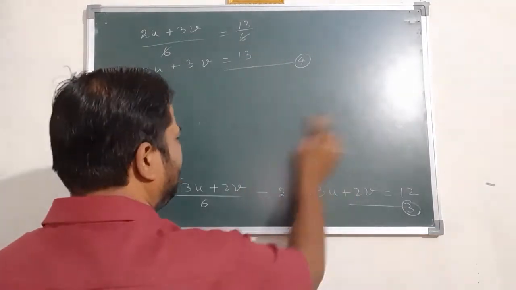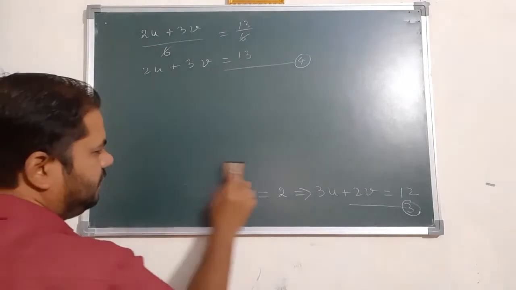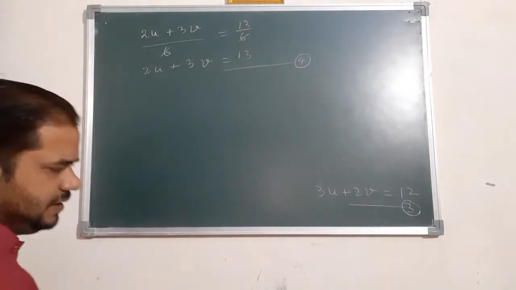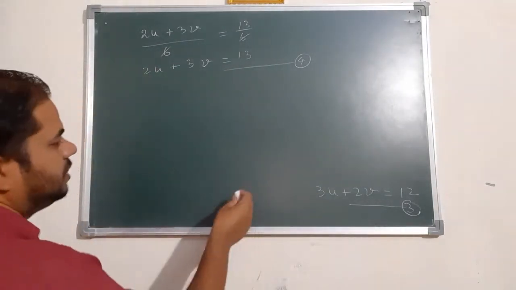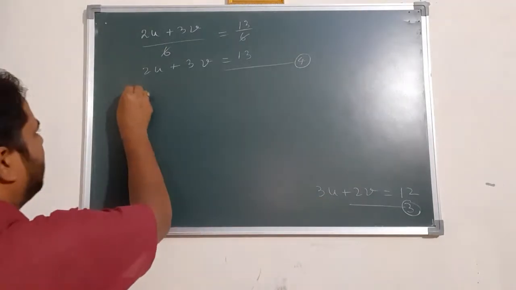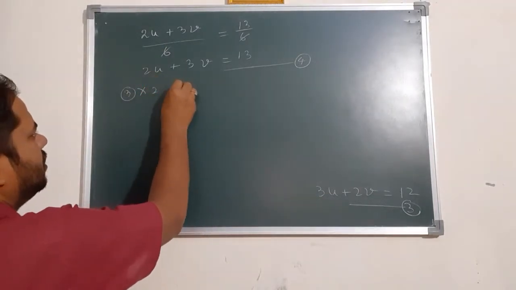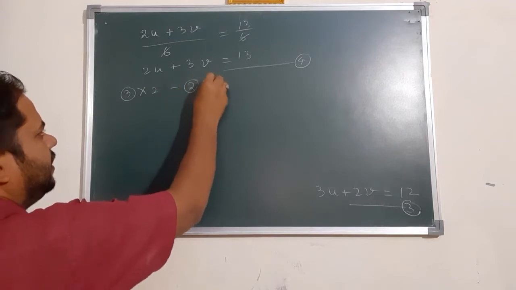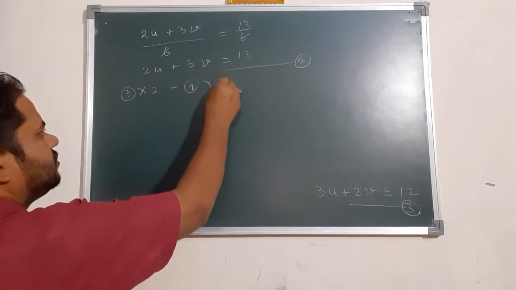If we want to solve by the elimination method, equation number 3 is multiplied by 2 and equation number 4 is multiplied by 3.